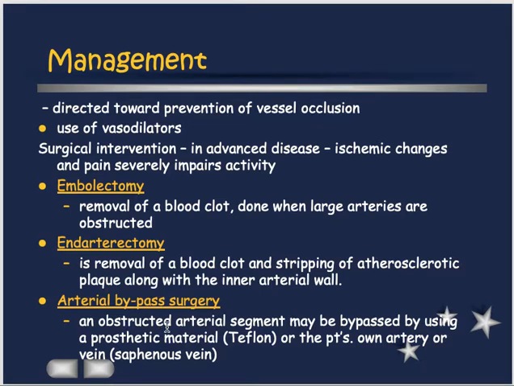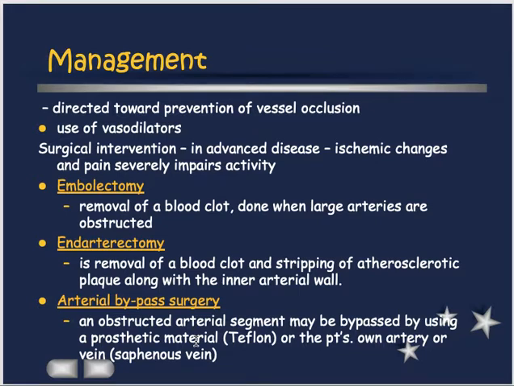They can use a synthetic or prosthetic material, something man-made, or they can use a person's own vessel, like the long saphenous vein. Anything can be done. So this is called arterial bypass surgery.